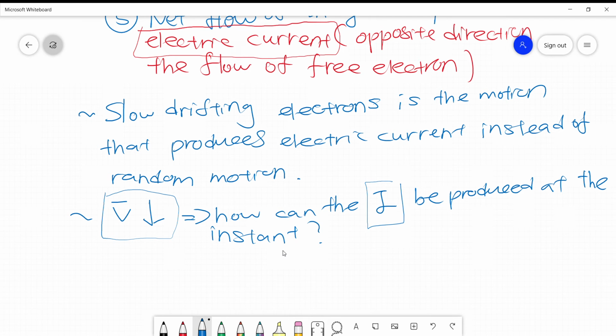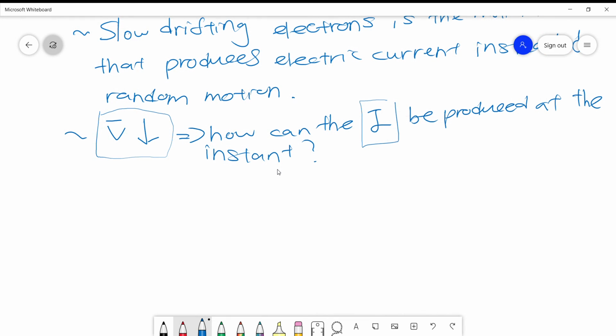This is our concept, which I'll write with the red pen.